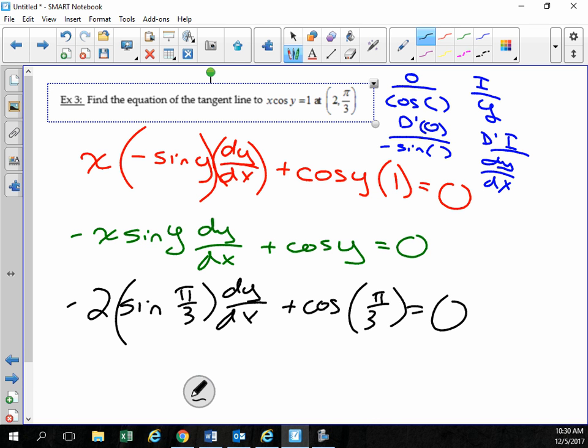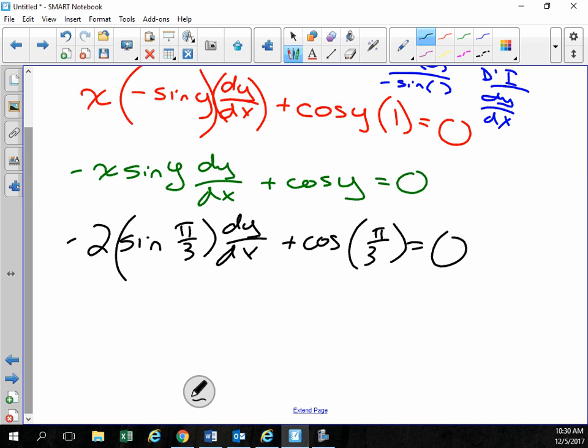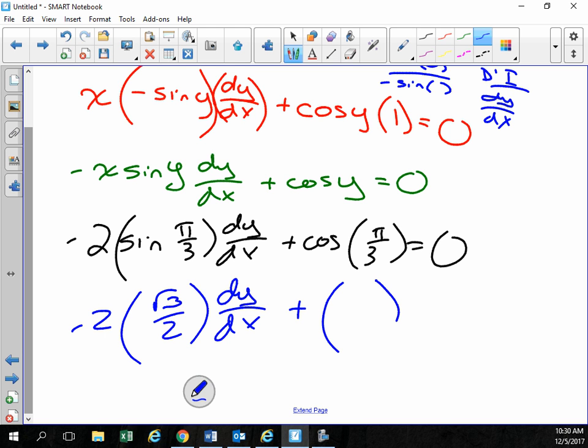Right? What's the sine of pi over 3 again? Yep. Which means that the sine is square root of 3 over 2, then the cosine is 1/2.